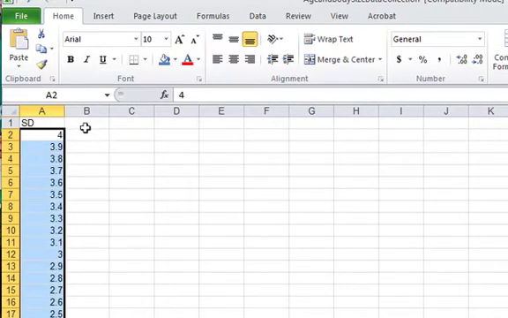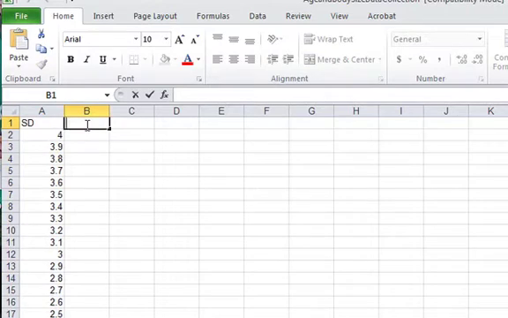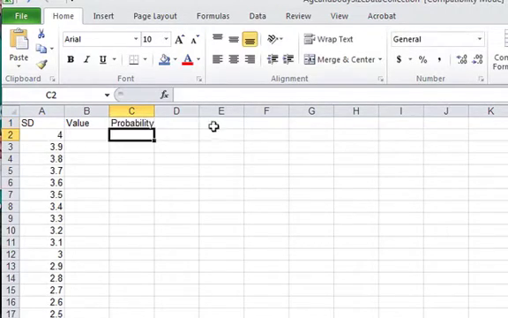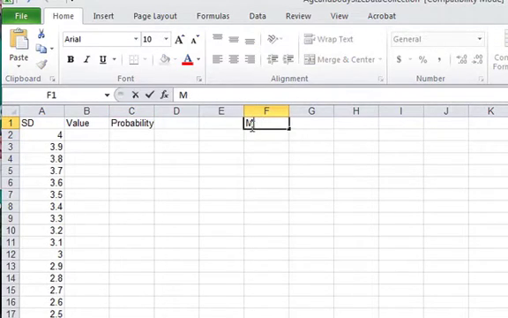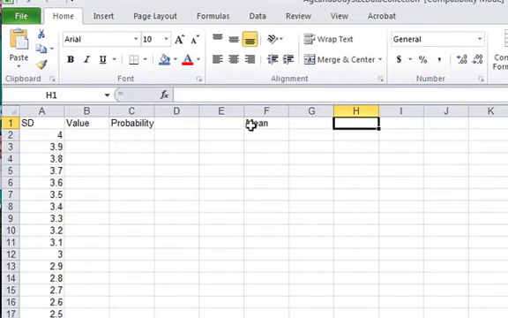And I'm going to put in here the value and probability. I'm going to transfer the mean that I just calculated from the previous table for height, and this is going to be the standard deviation.